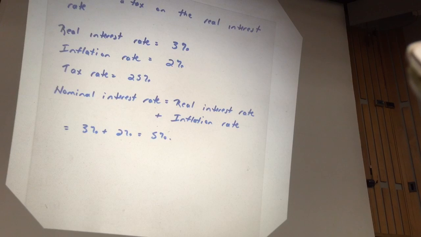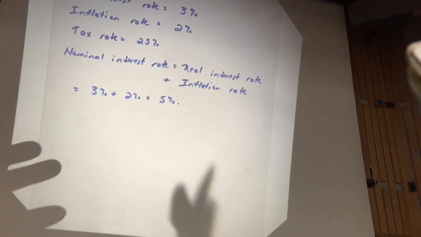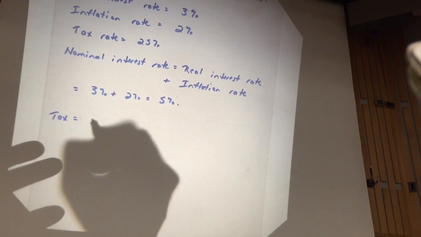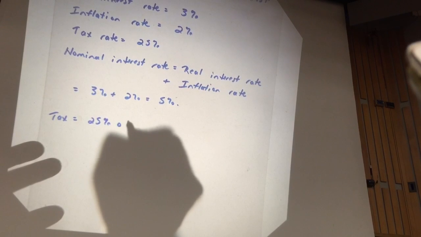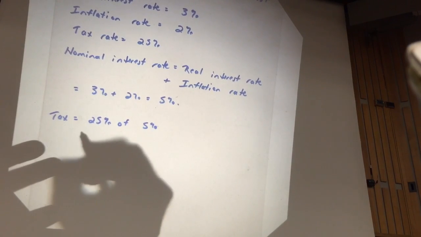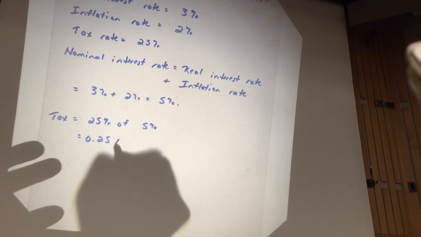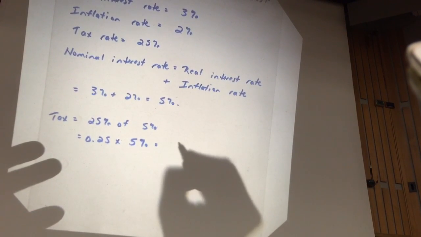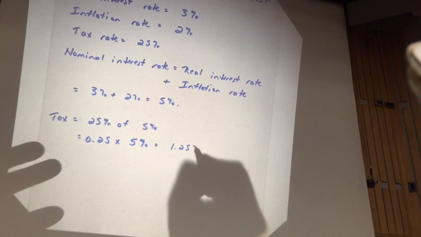So now I need to pay income tax on that 5%. So how much tax am I paying? So tax is going to be 25% of 5%, which is 0.25 times 5%, which is 1.25%.